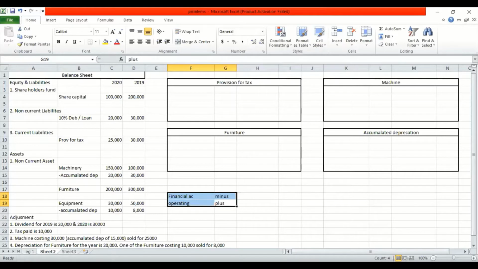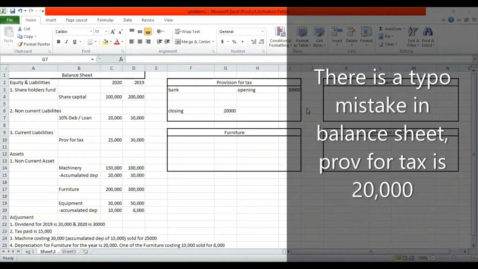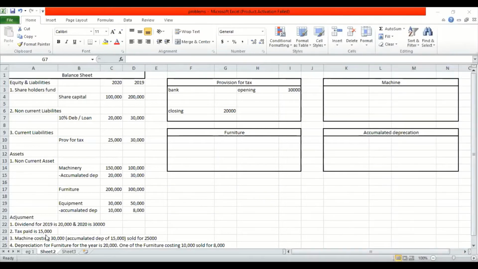Whenever you give one effect in your financing activity, the second effect is always in the operating activity with exactly the opposite sign. I hope the first adjustment is clear. The second adjustment is tax paid 15,000. What is the journal entry?